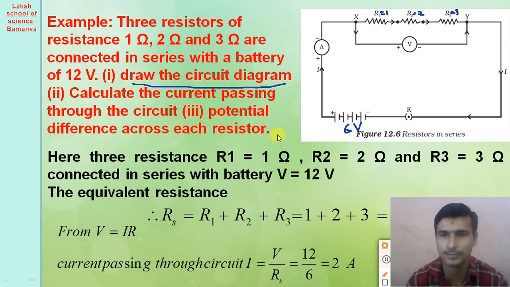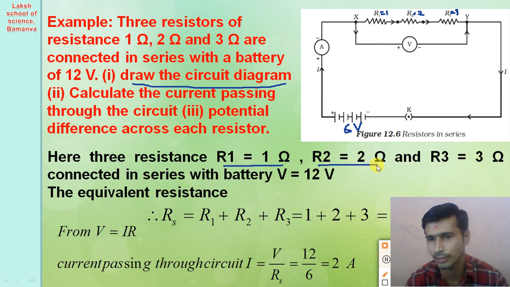The potential difference across each resistor is different, right? So we calculate both things, the current passing through each resistor as well as the potential difference across each resistor. So how do we find it? Here the 3 resistors R1 is equal to 1 ohm, R2 is equal to 2 ohm and R3 is equal to 3 ohm are given to you, and connected with the battery of potential V, which is 12 volt.